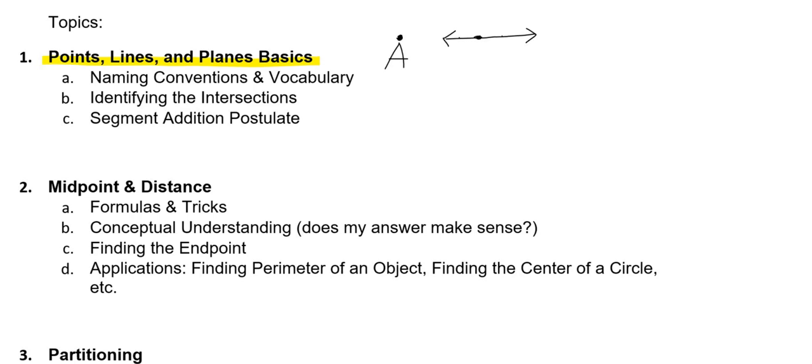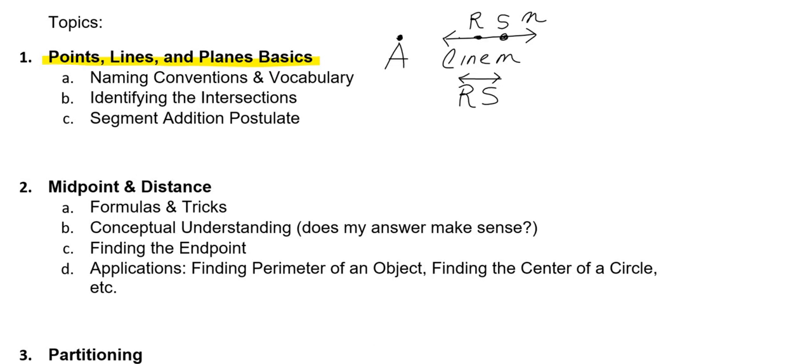So maybe we'll call this line M. Or you would name it by 2 points that are somewhere on that line. For example, if this was point R and this was point S, you would call this line RS with the line symbol above it to show that we're talking about something that goes infinitely in both directions.